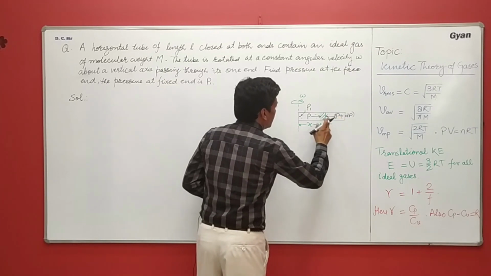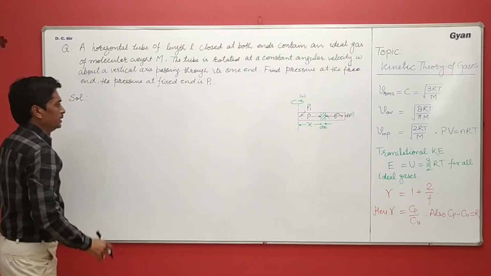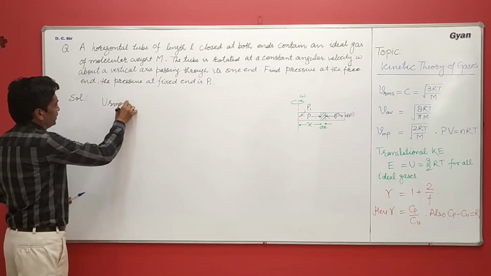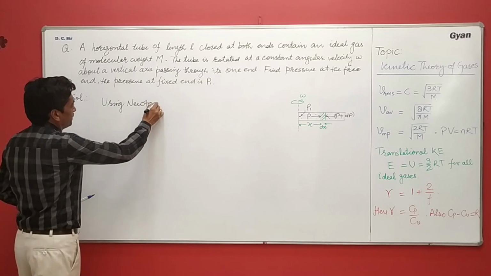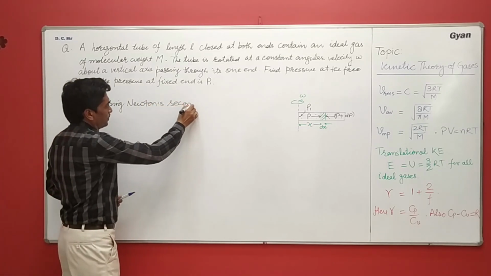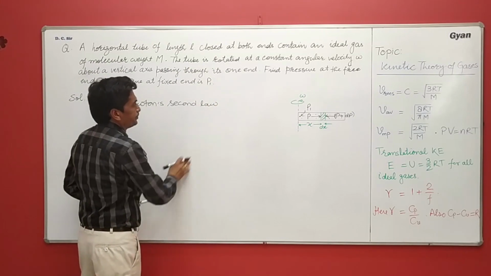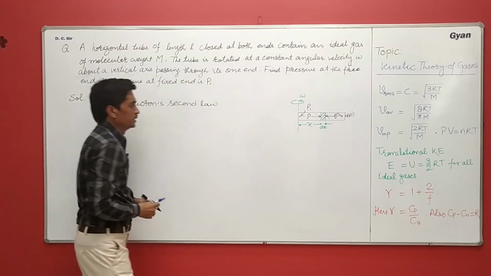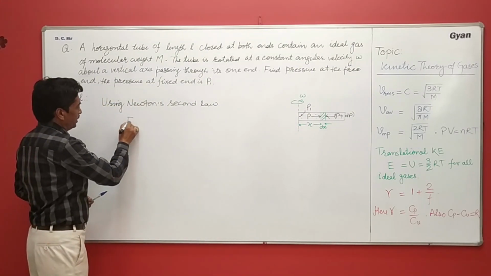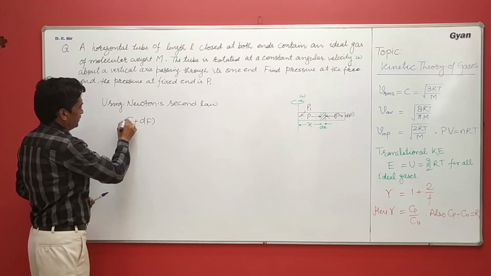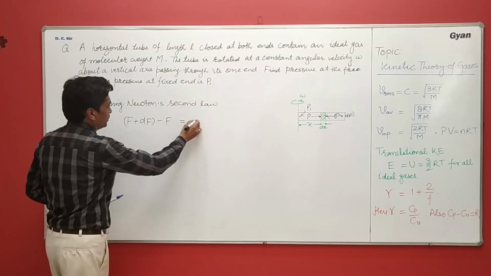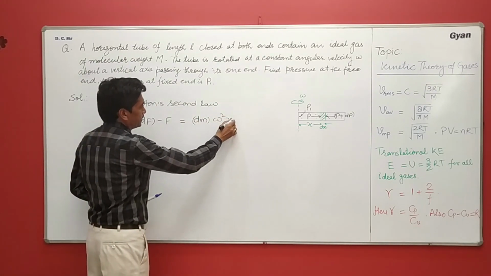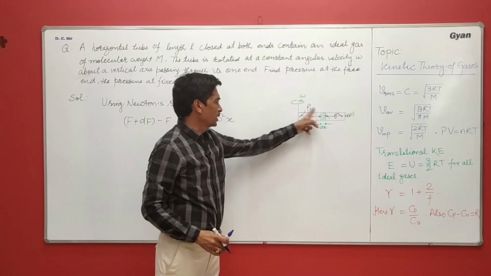Okay. Now we can write, using Newton's second law, the net force: corresponding to this end it is F plus dF, and corresponding to this end it is F. So F plus dF minus F is equal to dm, the mass of the element, times omega square x, as the element is rotated in a circle of radius x.